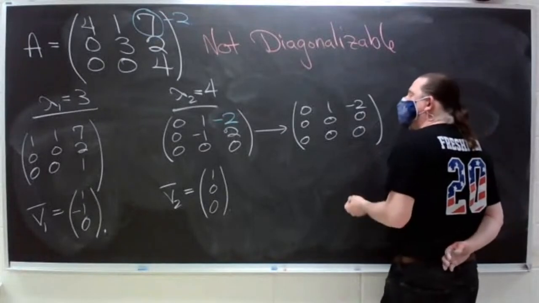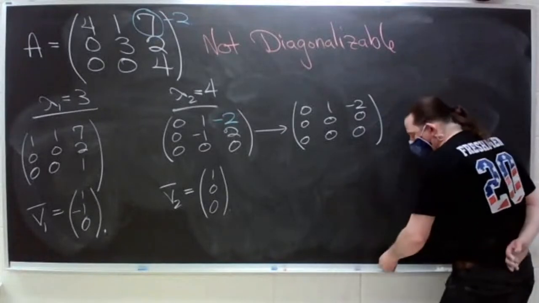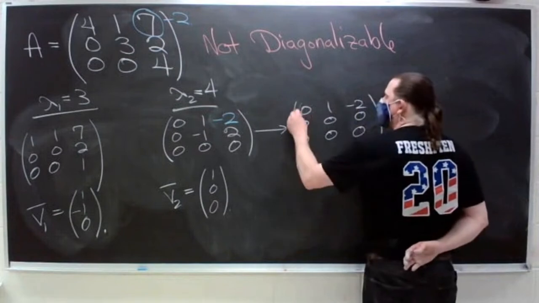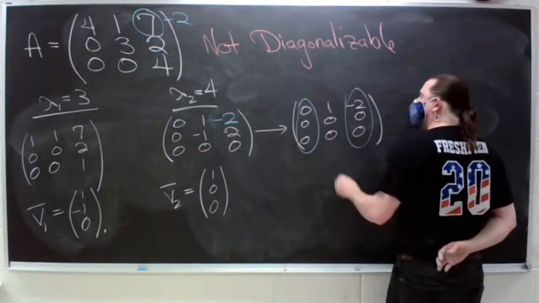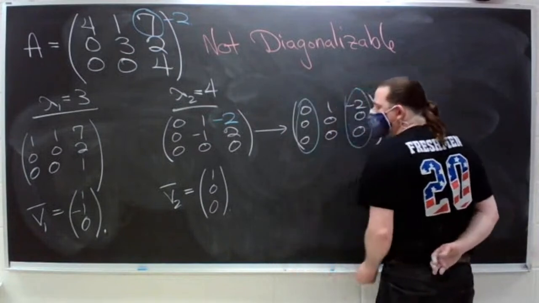All right? Here I have 2 columns that lack a pivot.